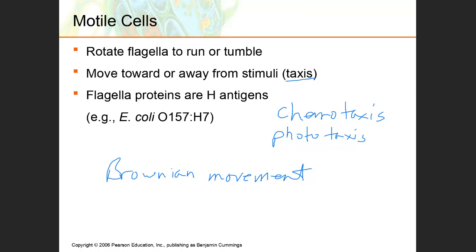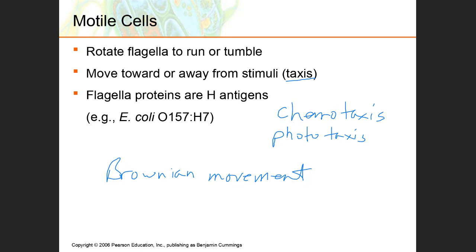Not all bacteria have flagella, so not all bacteria are motile. Some are, some aren't. Even within the same species, flagella can be variable, so they may not always be produced. Now, because the prokaryotes have these special proteins in their flagella, they're not all exactly the same.